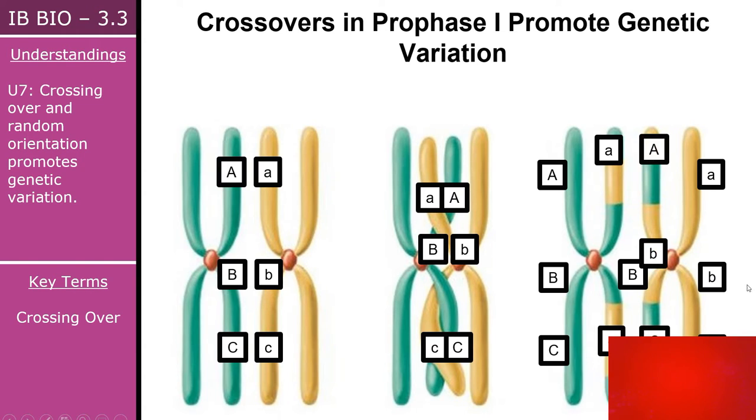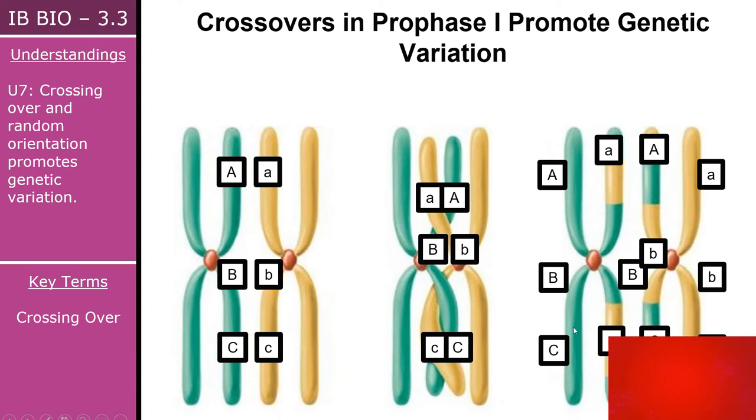And so again, this happened on the other side too, right? So for this chromosome in the center here, it exchanged its section for the uppercase allele on green. It kept its own lowercase b, but it exchanged its lowercase c for the uppercase one on the other side. So now you have these two that are a completely new set of alleles.